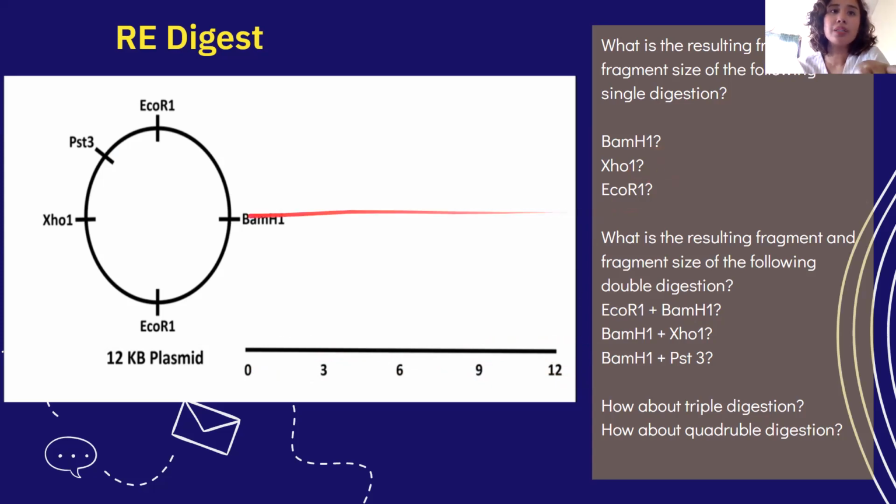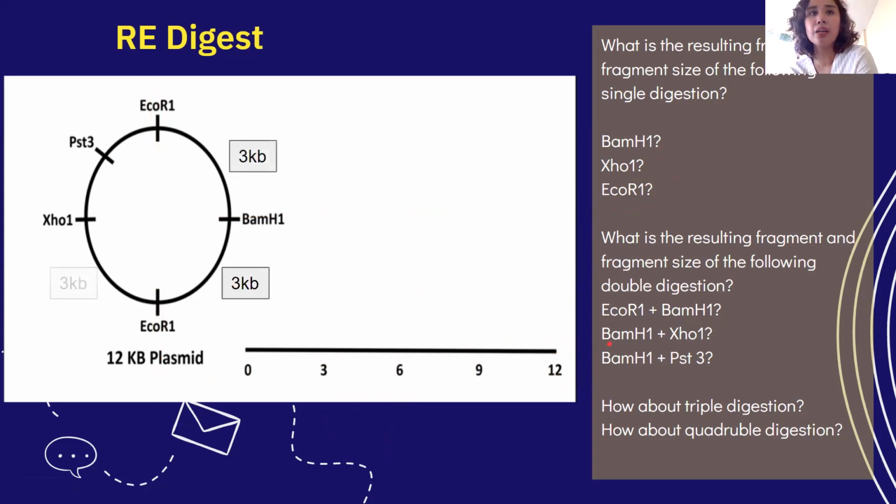Okay, and EcoRI, since hinati niya sa dalawa, 2 equal parts, ibig sabihin, ang resulting fragment, dalawa. Okay? And one fragment will have the size of 6 kb and one fragment will have the size of 6 kb.